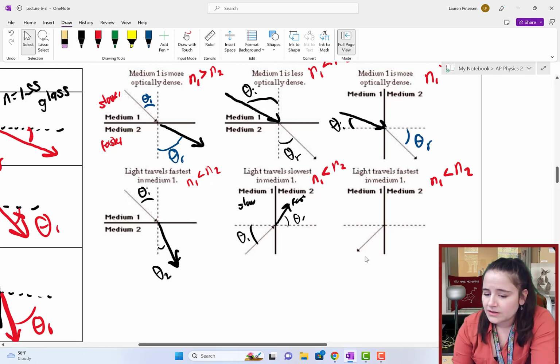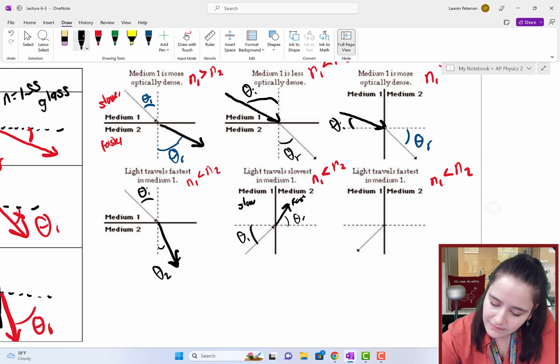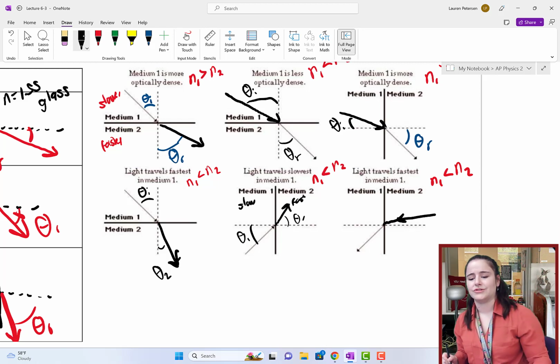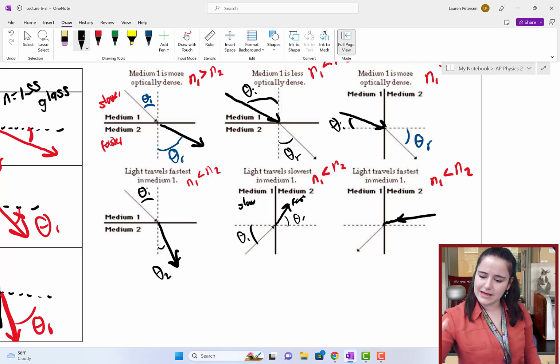Okay, there's our angle. That means it's going to be coming from somewhere where it was going slower. So when it bends, it would bend away from that normal line, not closer to it. So yep, it's coming in and then it hits and it speeds up.